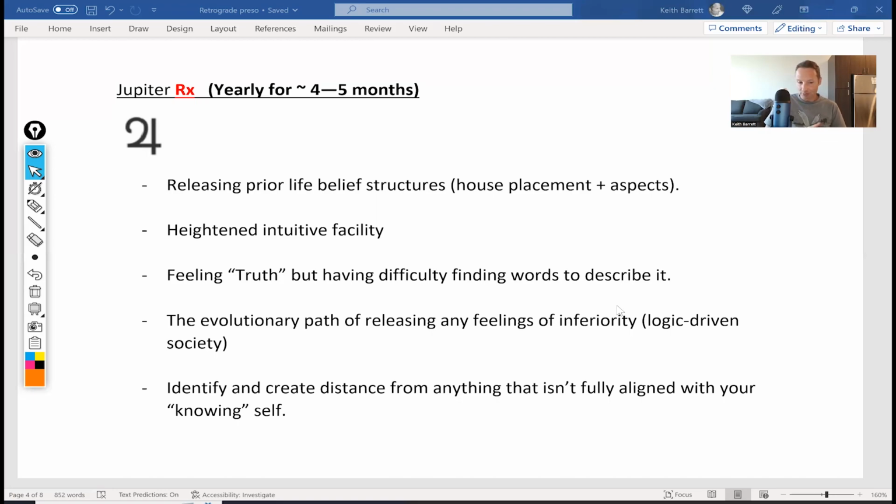And so the last bullet point here: identify and create distance from anything that isn't fully aligned with your knowing self, right? So if there's people around you in your environment, or you're in environments where this part of you is not acknowledged or accepted, identify that first, right? And then start to shift that, or start to shift your perception of what that means about you. It just means, yes, that they don't get it, right? They don't understand who you are, and that's okay, right?